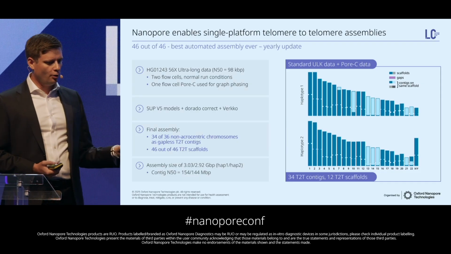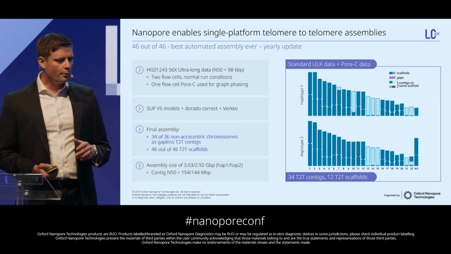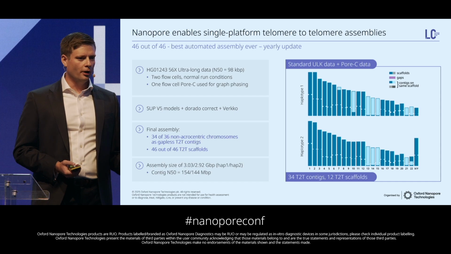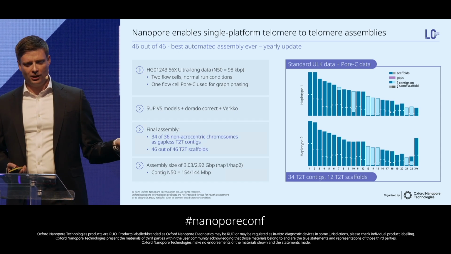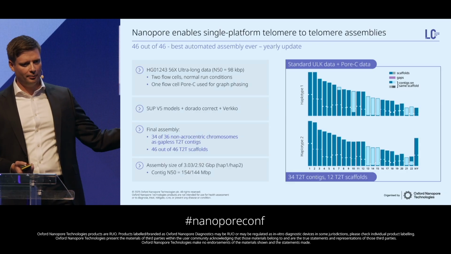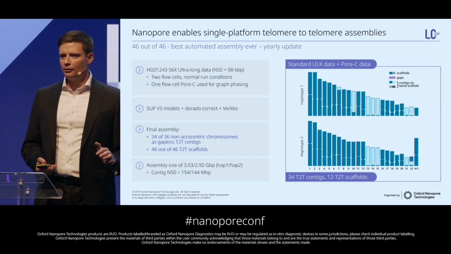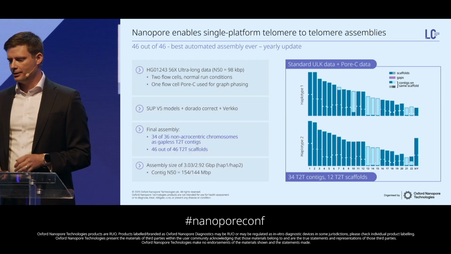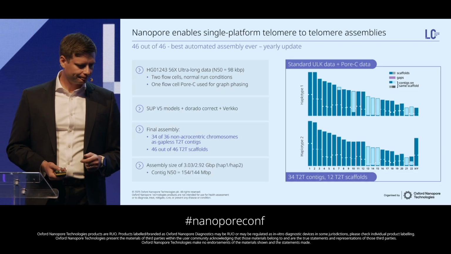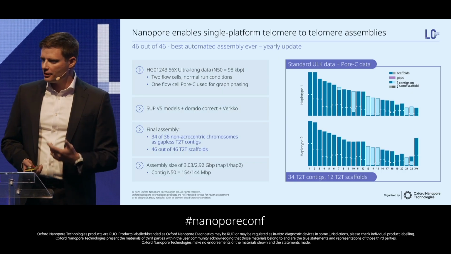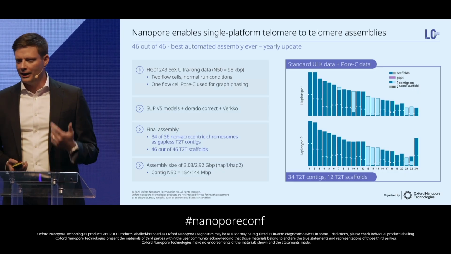For this sample, the HG01243 sample, we were able to assemble 34 of 36 non-acrocentric chromosomes as gapless sequence spanning from one telomere to the next. The remaining chromosomes were all assembled as T-to-T scaffolds with a maximum of 2 gaps. The assembly size and other metrics all look amazing.